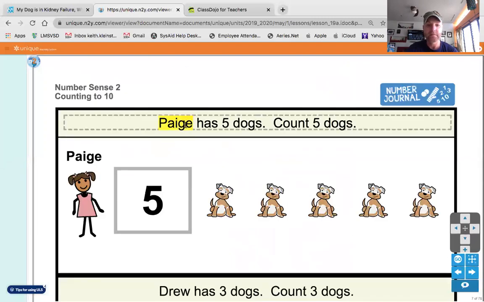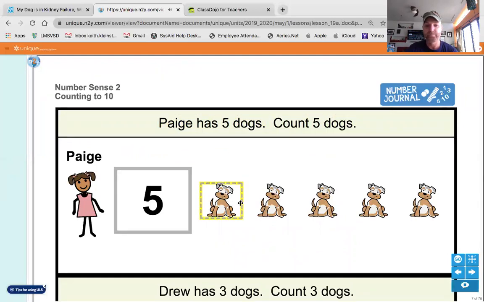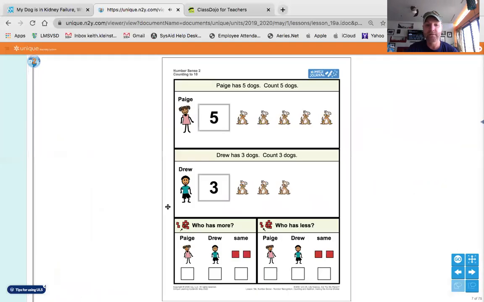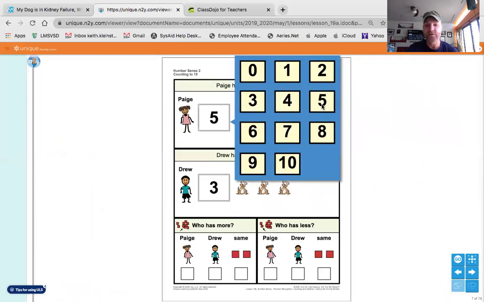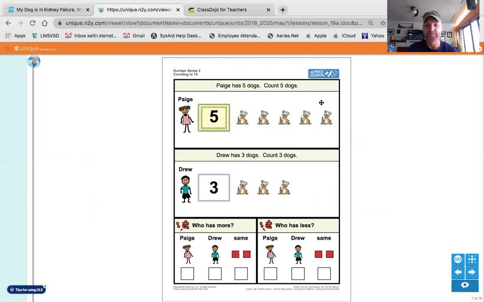Okay. Paige has 5 dogs. Let's count them. 1, 2, 3, 4, 5. How many does she have? Let's match the number. 5.